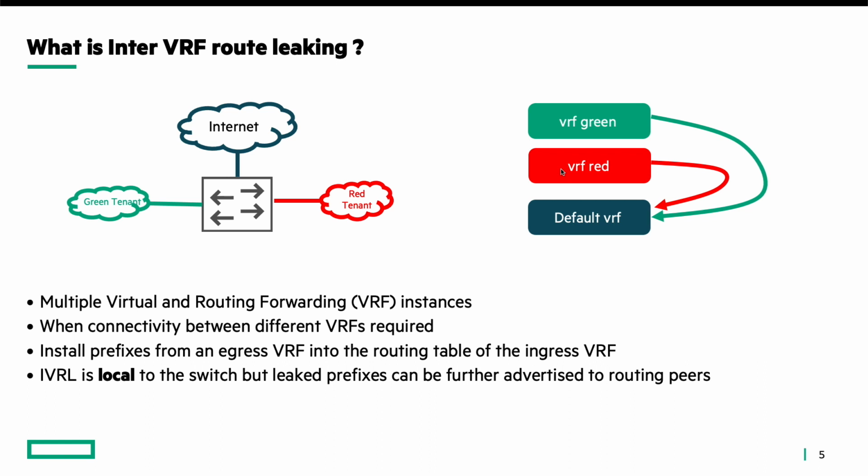This is a local process, so it can sometimes be confusing, as we can influence advertisements to neighbors, but not in this leaking process, which is purely local. Here we're manipulating the routing table of the local device. Then there are other possibilities to advertise these leaked routes to neighbors and peers, which we'll see later on.